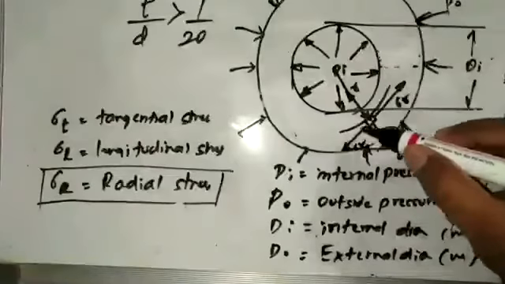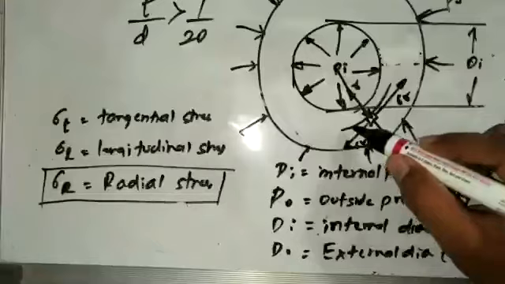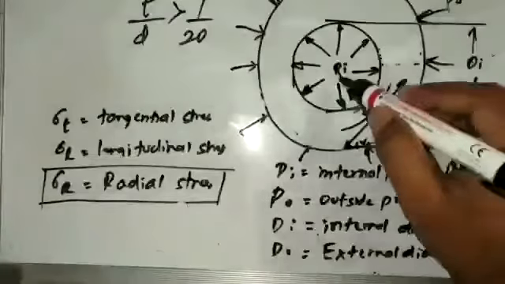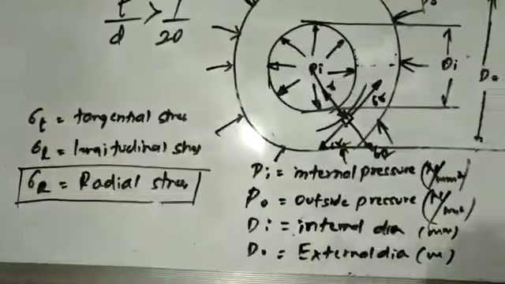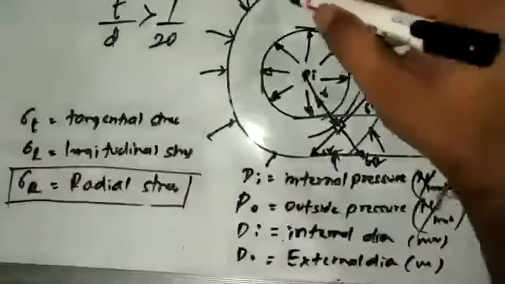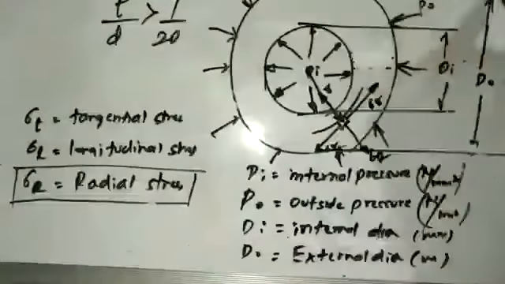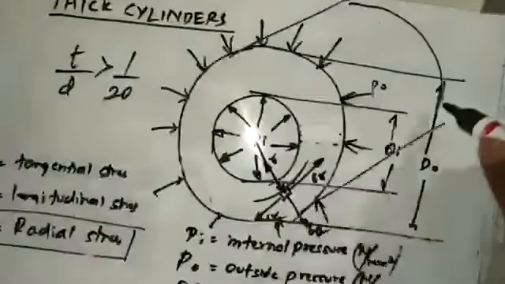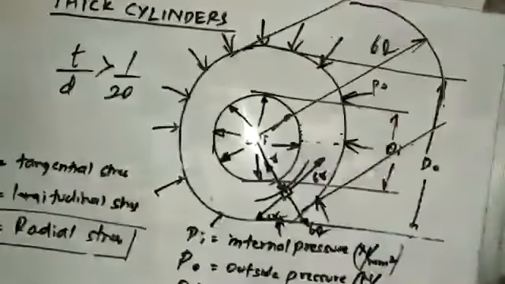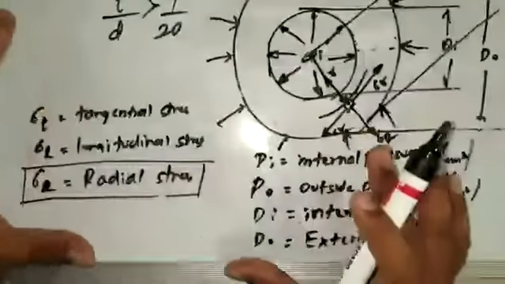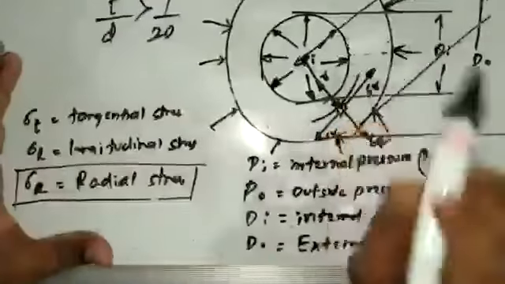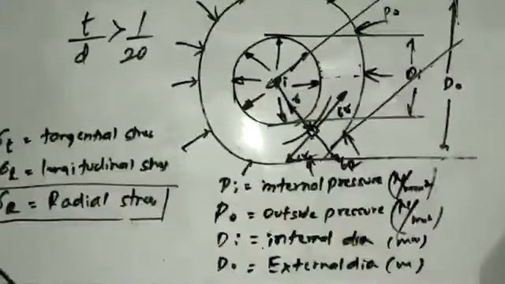The tangential stress will be at a tangent drawn to a radius of a circle, taking the center from point O, and perpendicular to that will be the radial stress, and the longitudinal stress will be perpendicular to these two stresses, that is, along the length, along the axis of the cylinder. So we have to see the stresses in all three directions and analyze the stress variation in this particular cylinder. That will continue in the next class.